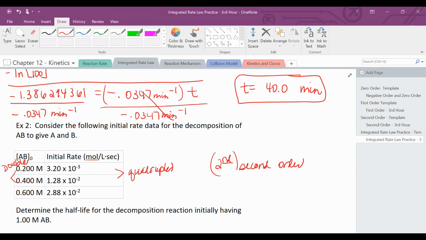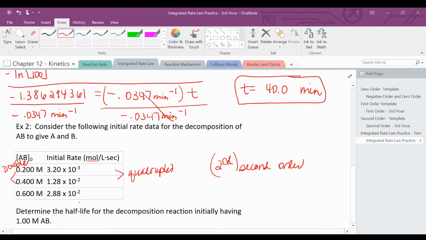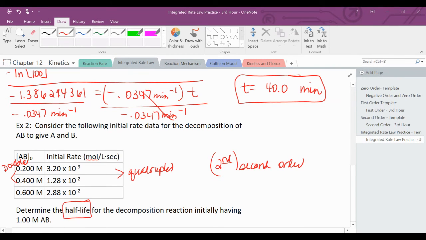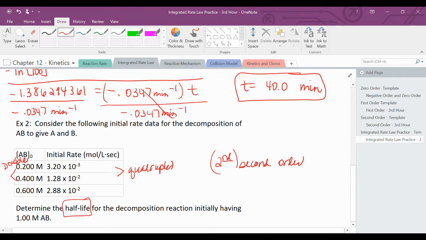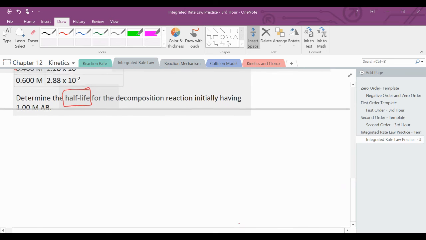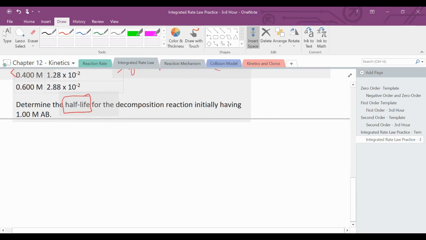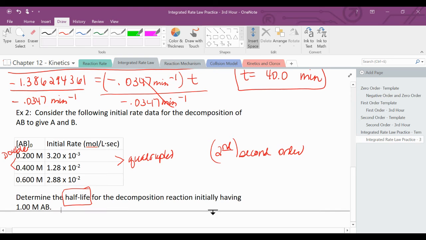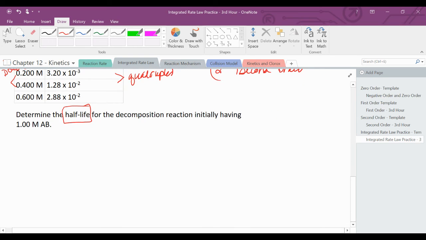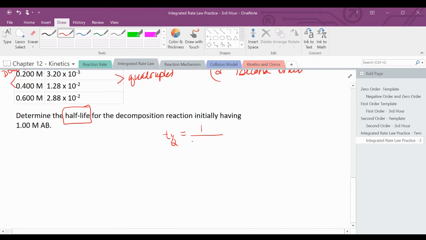And so let's look at the question. I want to determine the half-life, so we're looking at the time for half of it to decay. All right, so the half-life equation for second order is T1 half is equal to 1 over the rate constant times the initial concentration.